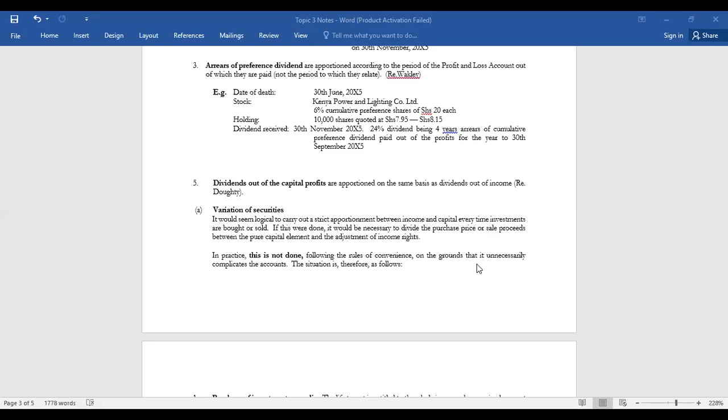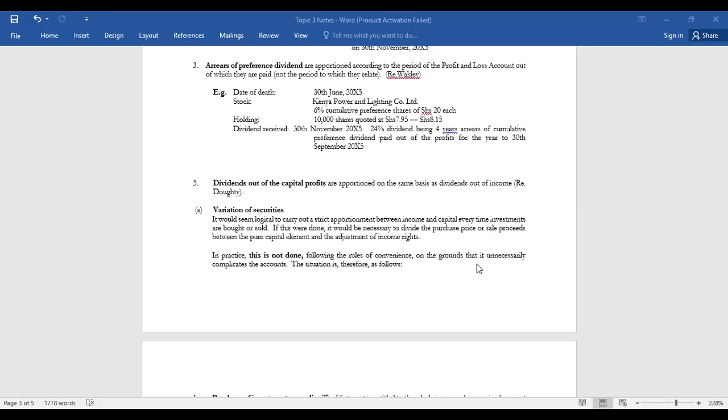Then we have the variation of securities. It would seem logical to carry out a strict apportionment between income and capital every time investments are bought or sold. If this were done, it would be necessary to divide the purchase price or the sales proceeds between the pure capital element and the apportionable income rights.